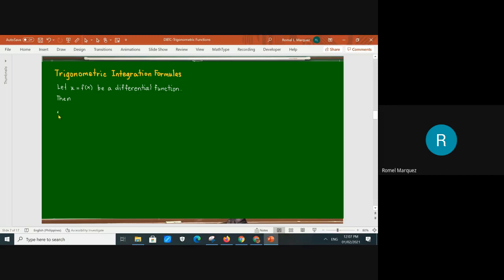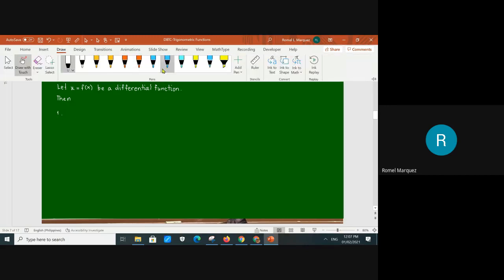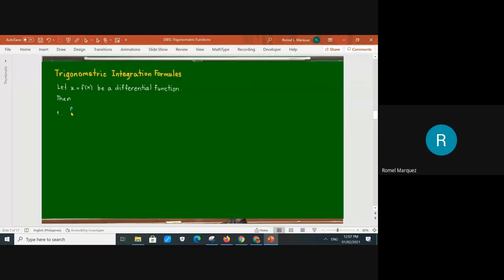Number one, we have the integral of sine u du is equal to negative cosine u, plus c.